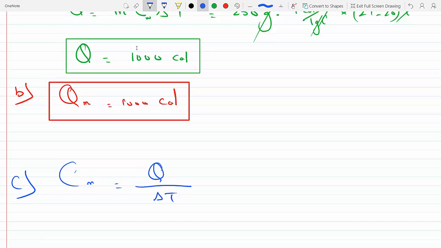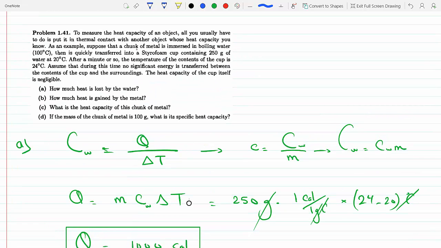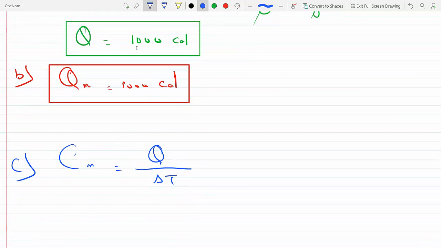And what was that change in temperature? Well, we are told that you put it in boiling water, so that puts it at 100 degrees, and then after a minute or so you transfer it to a styrofoam cup at 20, and then the temperature goes to 24. So that means the metal is now at 24 degrees. So this is 1,000 calories divided by 100 minus 24.